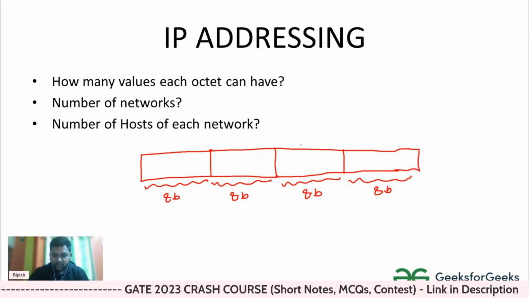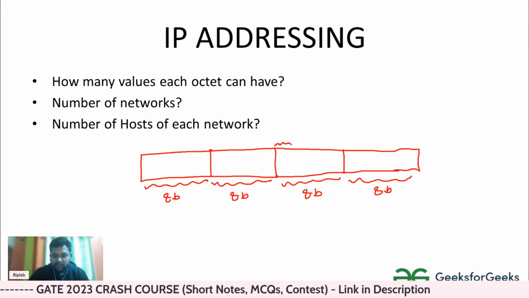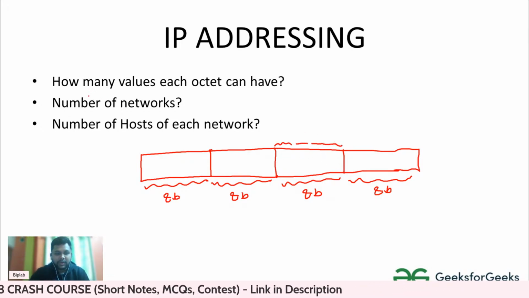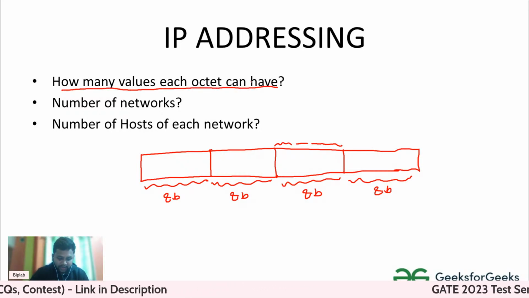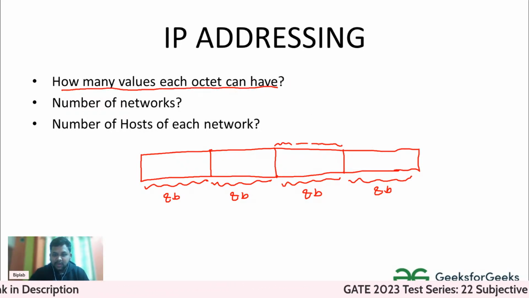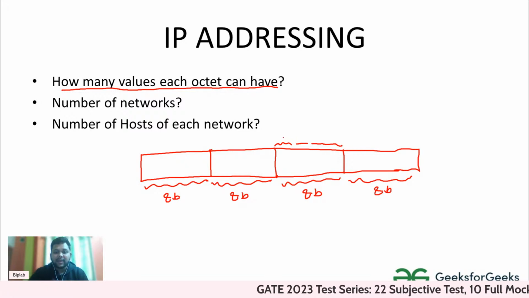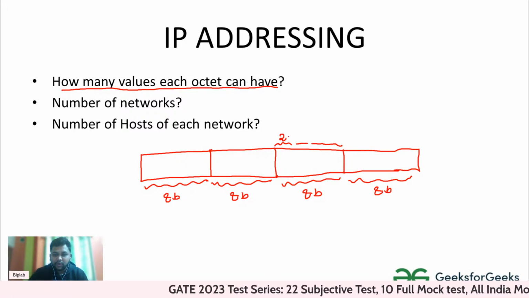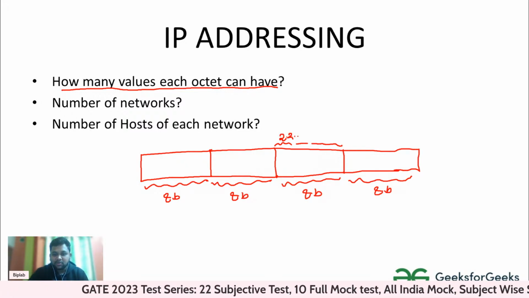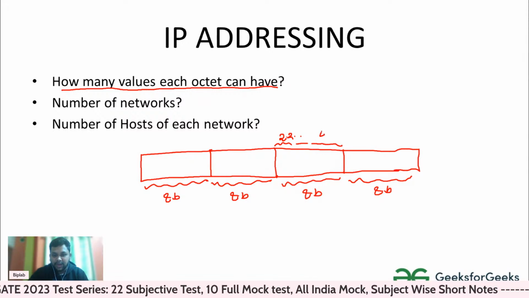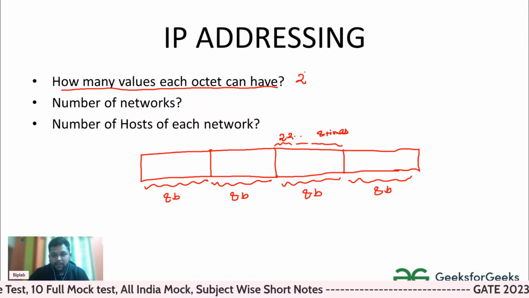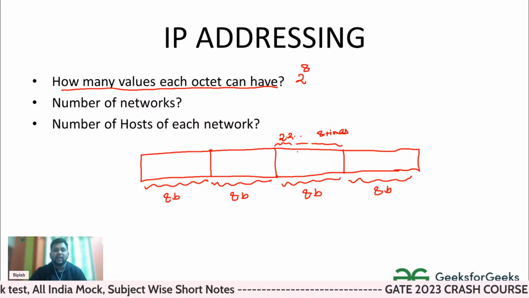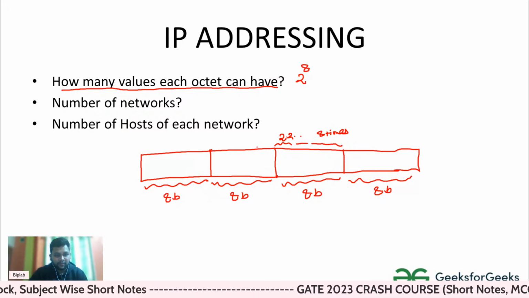First, tell me how many possible values one octet can have. Since there are 8 bits, each bit can have 0 or 1, so there are two possibilities for each bit. So 2 into 2 into 2, 8 times. So there are 2 to the power 8 possible values an octet can have.